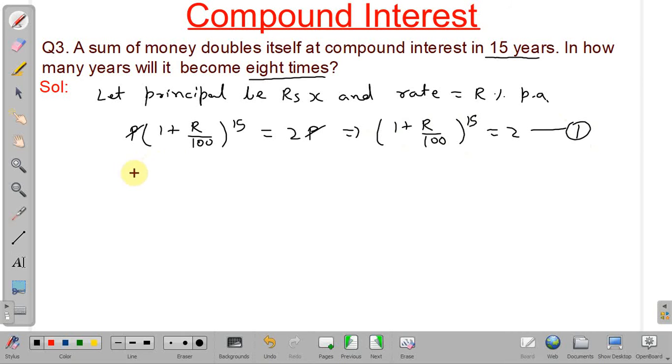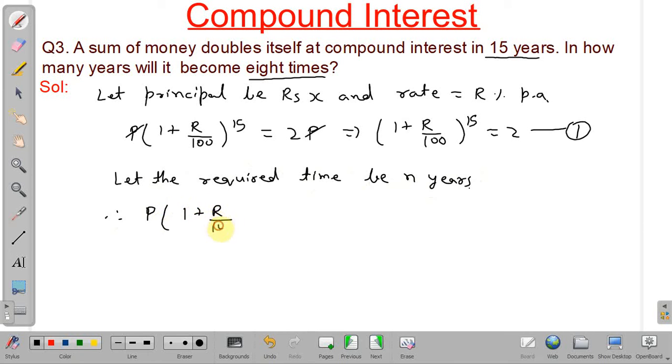Now, in how many years it becomes 8 times? So, we will assume let the required time be n number of years, n years. Therefore, principal into 1 plus rate by 100 to the power n, and it will be 8p.